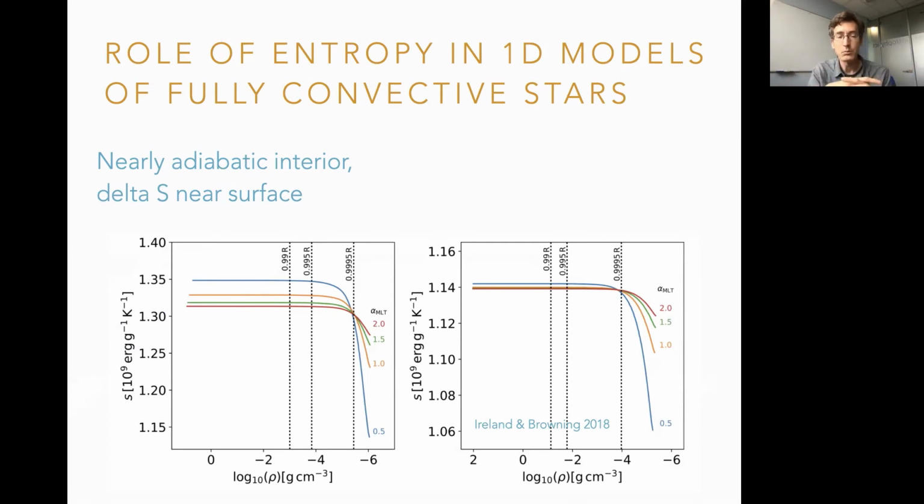Most of the entropy change in an object like this is set up in a very, very narrow boundary layer near the surface of the star, where there is convection, but there's also radiation, and the convection tends to be much less efficient. In mixing length theory, that entropy change, and hence things like the radius of the star, are really set by the value of alpha, the mixing length.